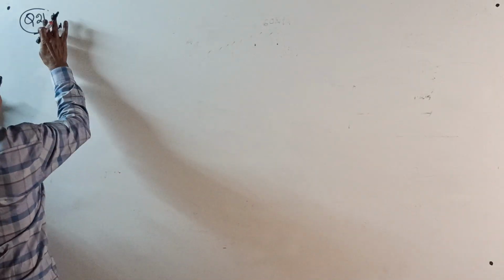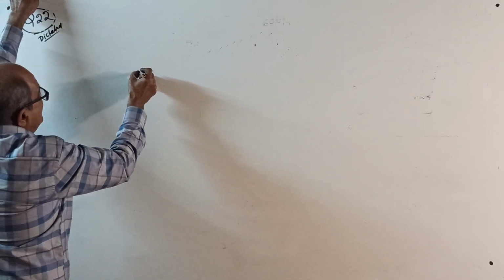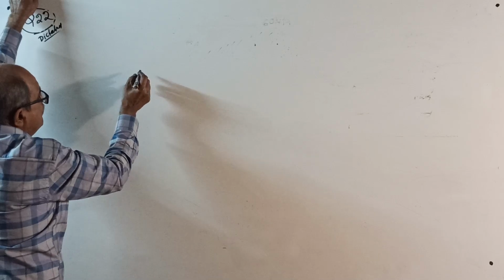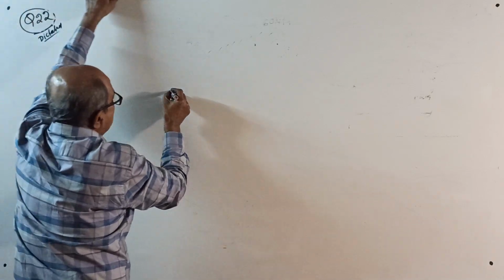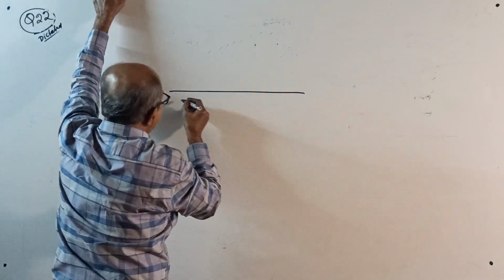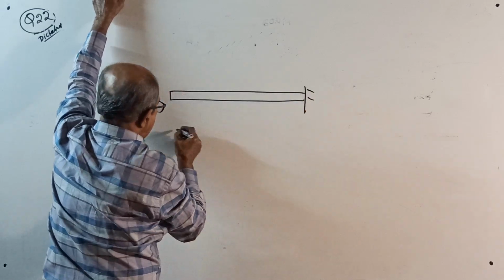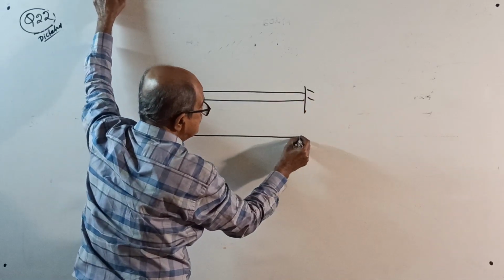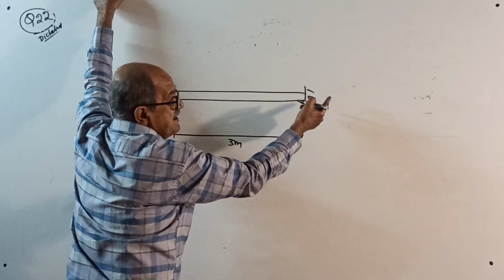Question 22. Dictated. A cantilever beam. Oh, sorry, I want the right side fixed. I forgot it. A cantilever beam is of length 3 meter, fixed at the right end.